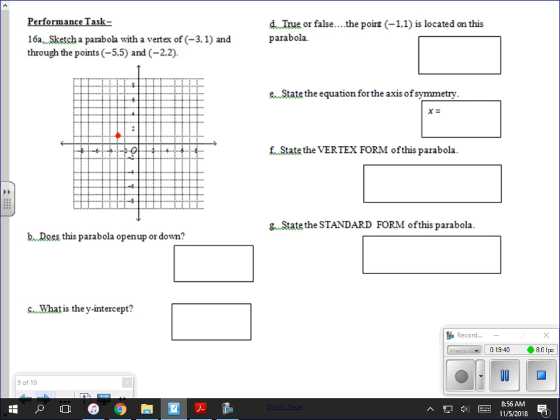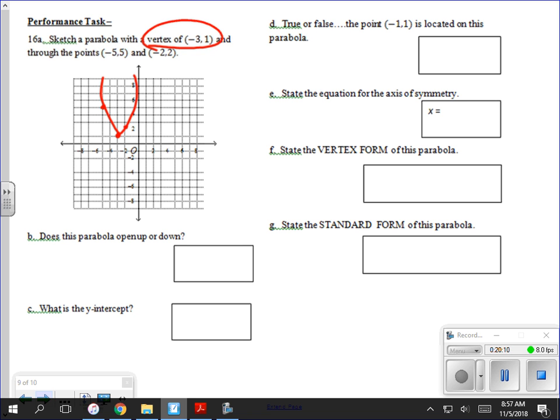That's either going to be my maximum or minimum depending upon the other 2 points. The points negative 5, 5, and negative 2, 2. Okay, there's part 1. And I plot the points. And this is the most important information I have. My vertex is the most important information now.